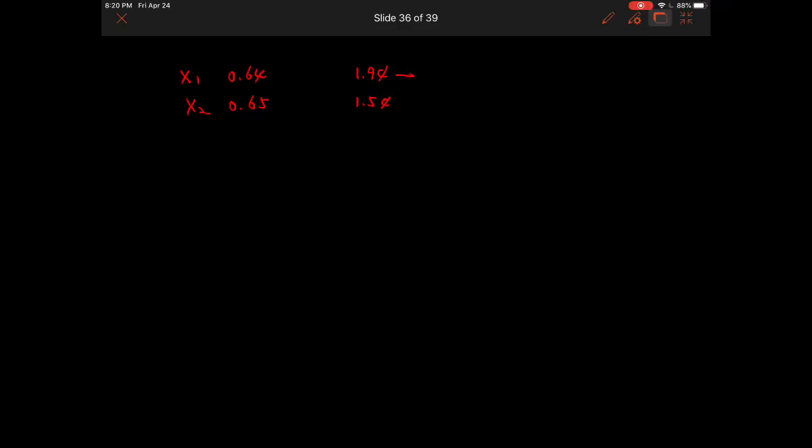By the way, 1.9 cents corresponds to 0.019 and 1.5 cents to 0.015, right? And the way you construct the spread: buy the lower exercise one, sell the higher exercise one, right? And the net cost to you, buying becomes a cost, selling becomes a revenue, so it'll be minus 0.4 cents, right?